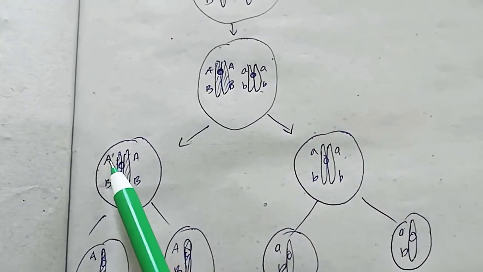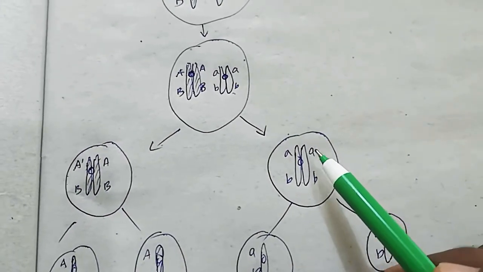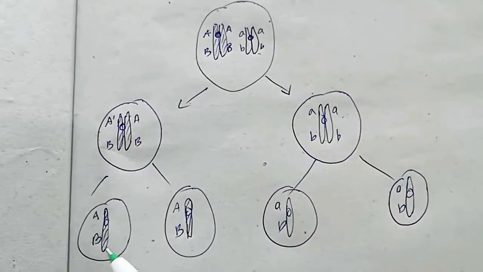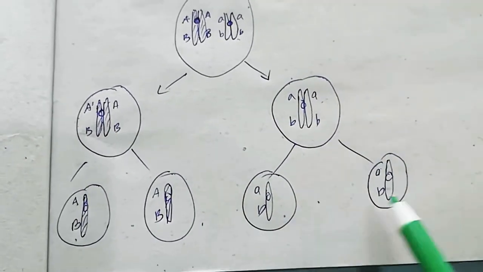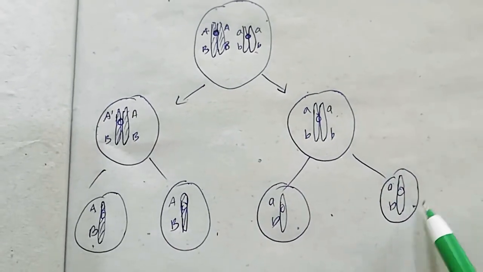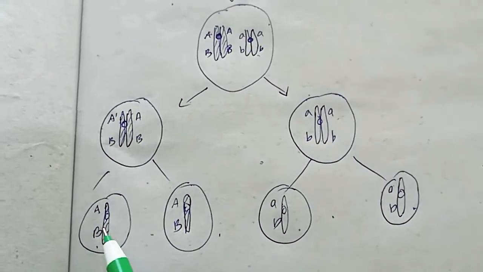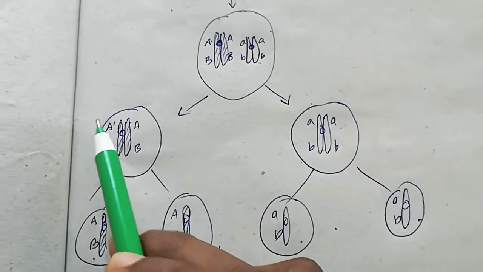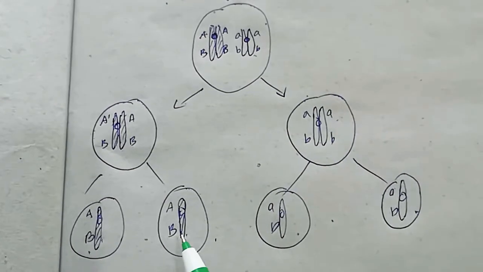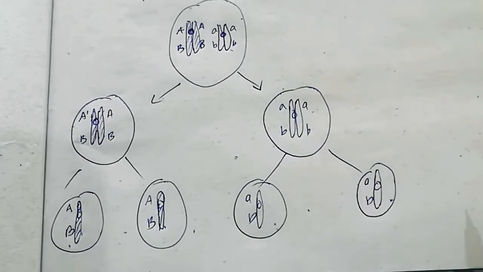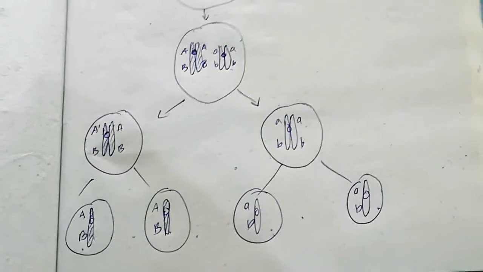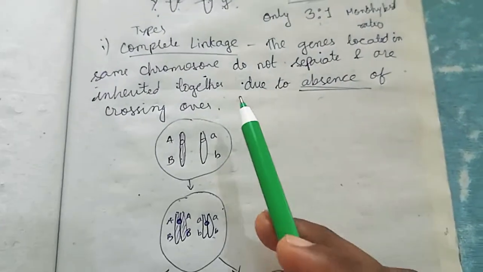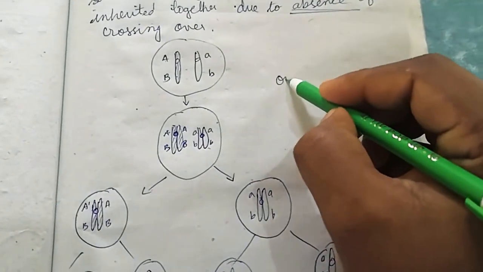One chromosome carries dominant, the other recessive, and the divalent chromosomes separate as monovalent. We get 4 daughter chromosomes: 2 dominant and 2 recessive. So in complete linkage, only parental combinations are observed.